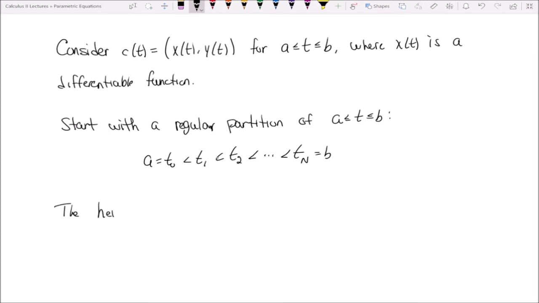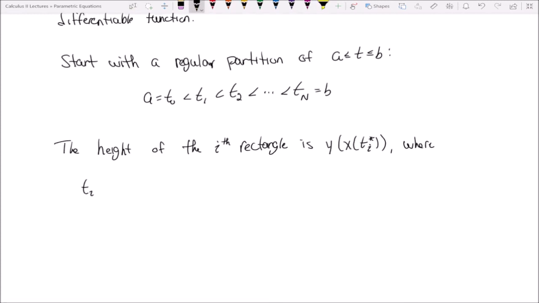So the height of the ith rectangle is y(x) evaluated at ti star, where this ti star is some point in the ith interval.